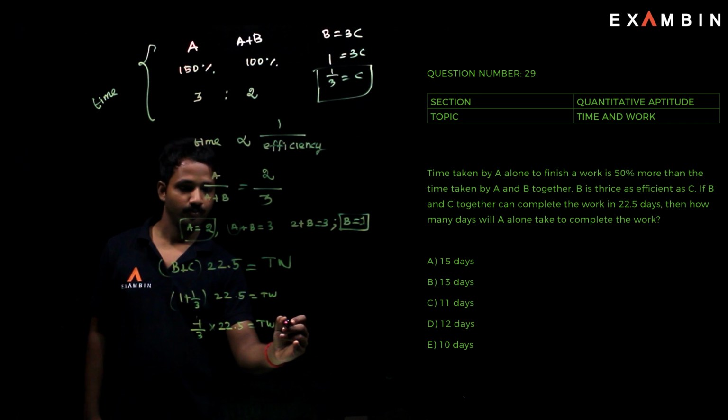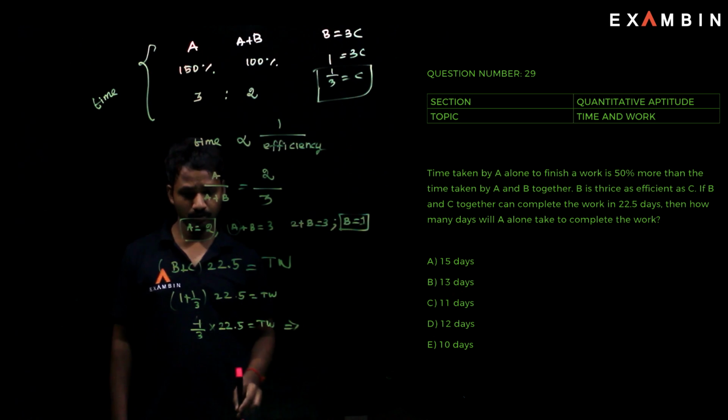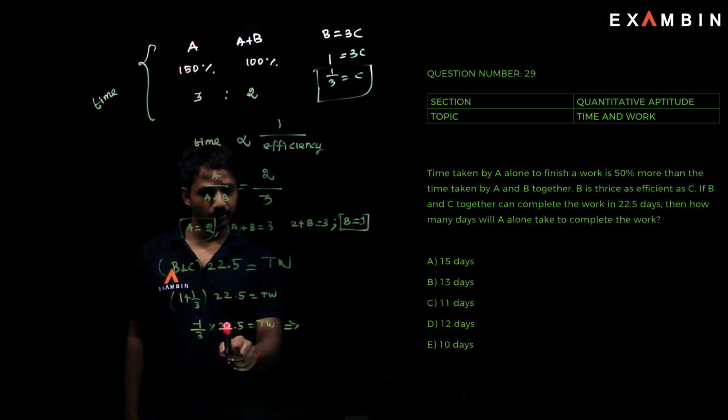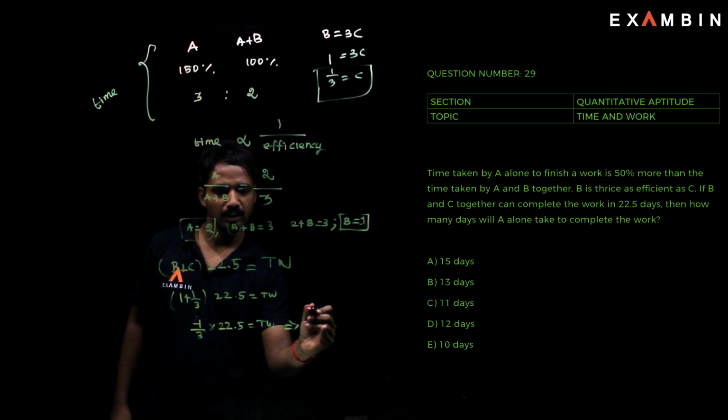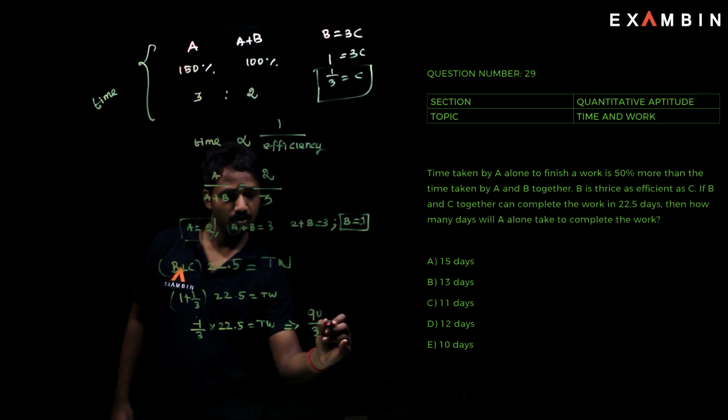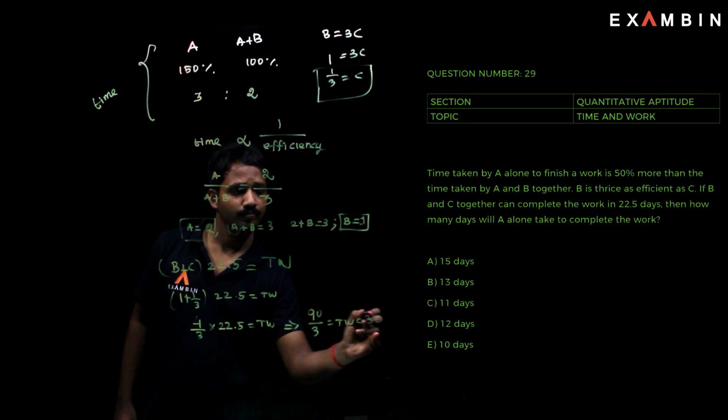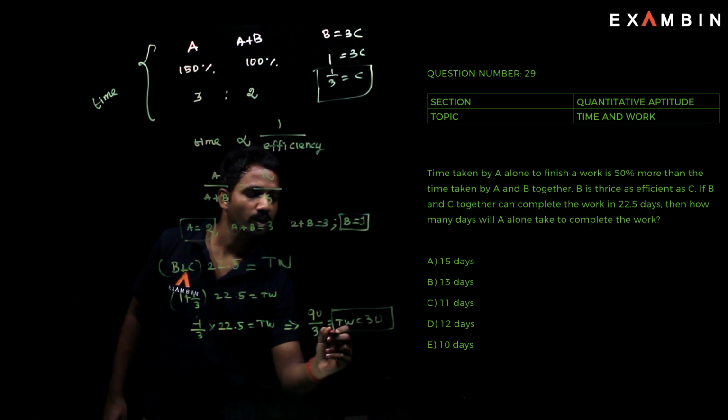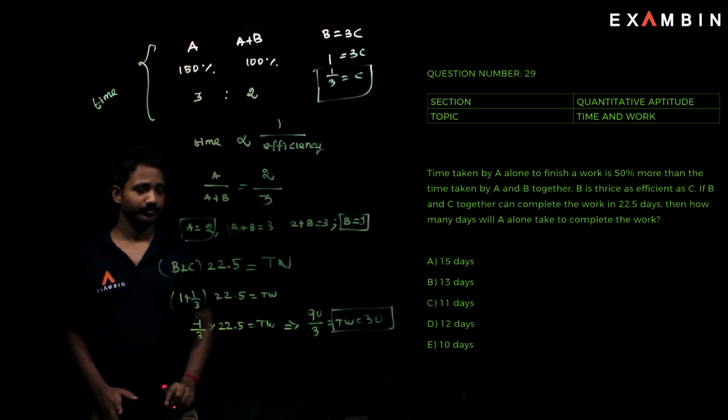So it is 4 into 22.5, which is 90, divided by 3, which implies total work is 30. So the total work is 30 parts.